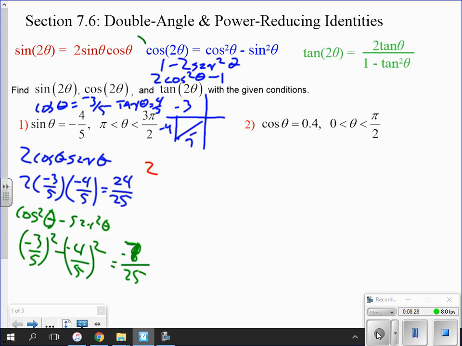So that means I have 2 times 4/3 over 1 minus 4/3 squared. Now I'm going to work this one out for you as a reminder of how to deal with complex fractions. My numerator is 8/3. My denominator is 1 minus 16/9.